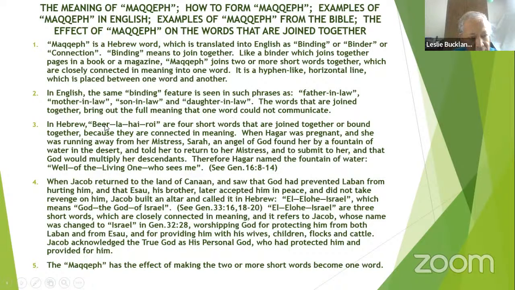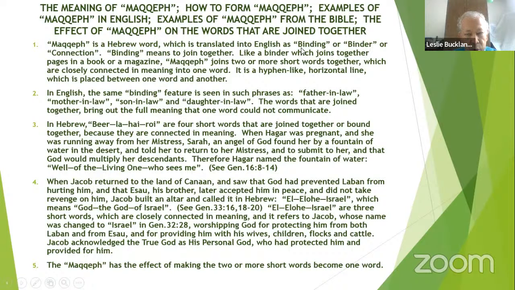We have also seen the use of makaf in the English translation, in which the Hebrew words are written with their corresponding English letters, and we see the horizontal line that connects the different Hebrew words. We have seen it in both Genesis chapter 16, verses 8 to 14, and Genesis chapter 33, verses 16 and 18 through 20. So what is makaf?